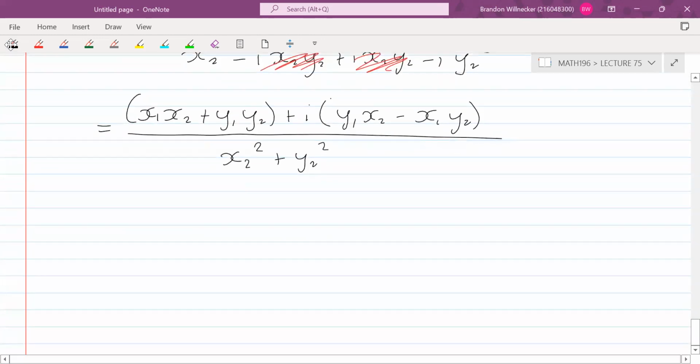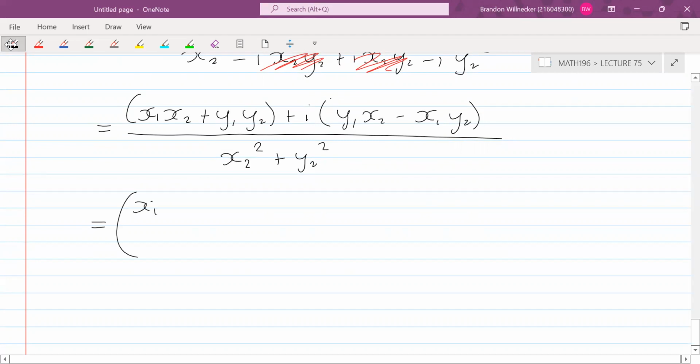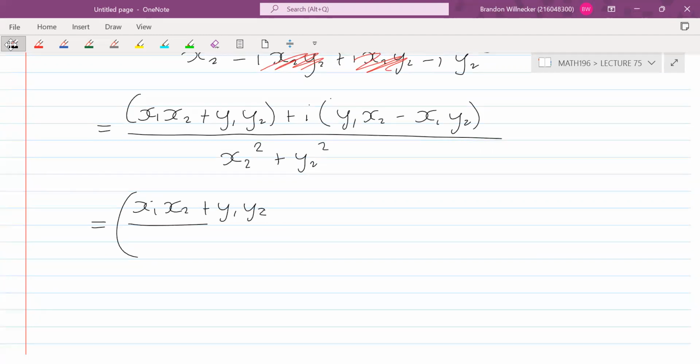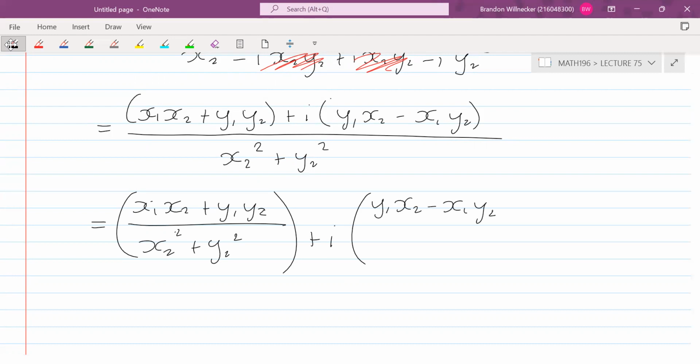So what we can do is divide the real part at the top by the denominator, and divide the imaginary part at the top by the denominator, and we end up with (x1 x2 plus y1 y2) over (x2 squared plus y2 squared), and that's going to be our real part, plus r (y1 x2 minus x1 y2) all over x2 squared plus y2 squared.